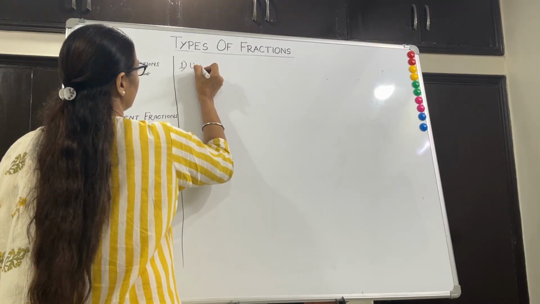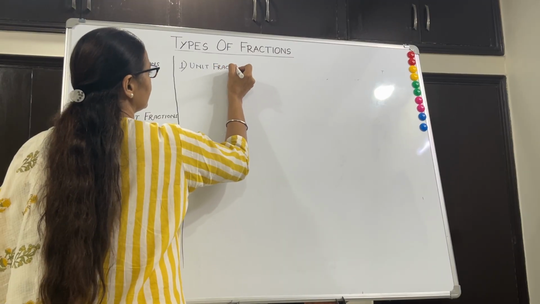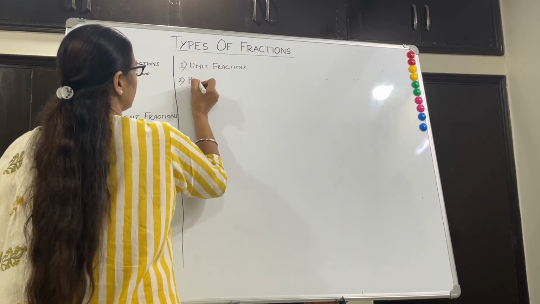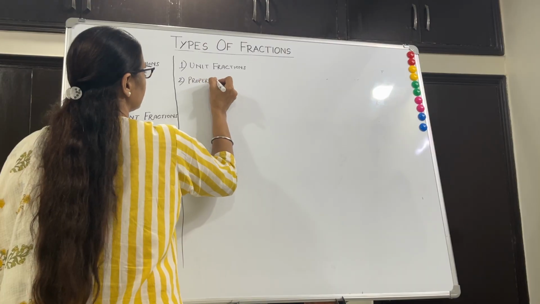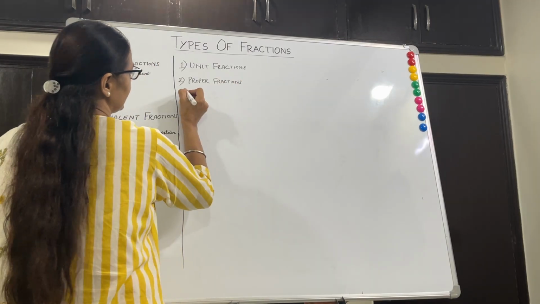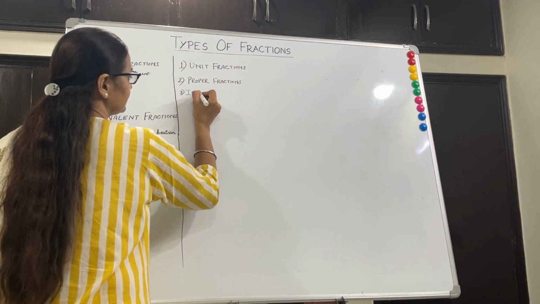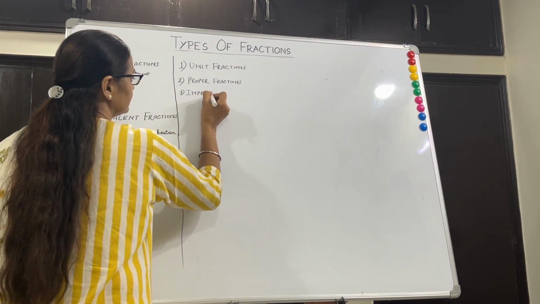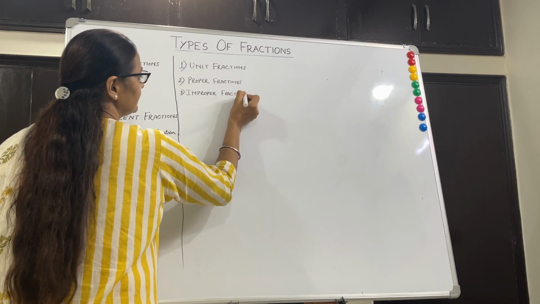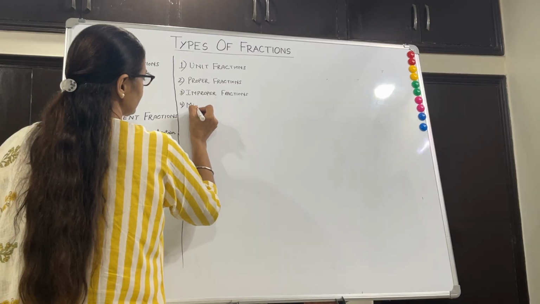First was unit fractions. Second type, proper fractions. Third type was improper fractions. Fourth type is mixed fractions.